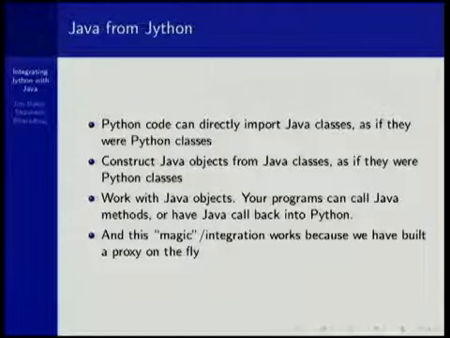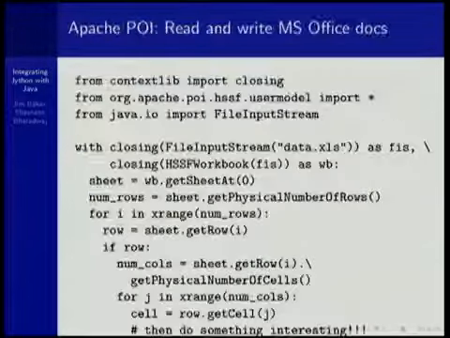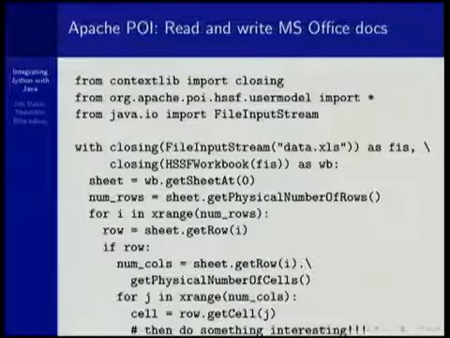And this integration, the reason it works at all, is because we have built a proxy on the fly for you, bridging the difference between Java and what it looks like in Python in your code when you're calling Java from Jython. And you get something like this.